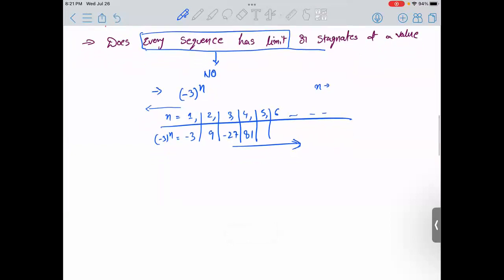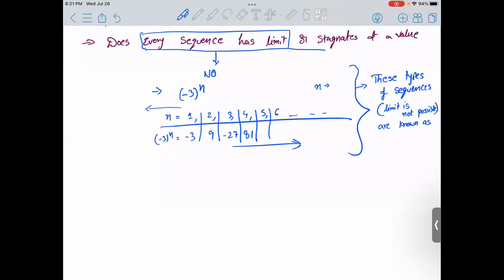These types of sequences where the limit is not possible are known as, can anyone tell?